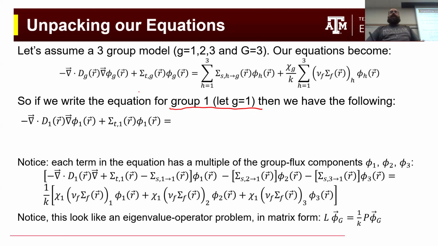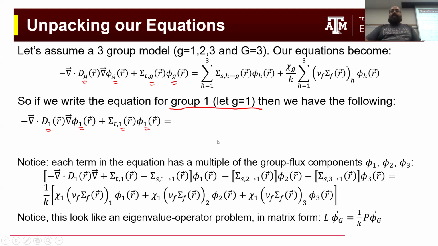So when I write the equation for group one, little g is equal to one every single time that we see a little g in the equations. On the left side, these g's all become one.